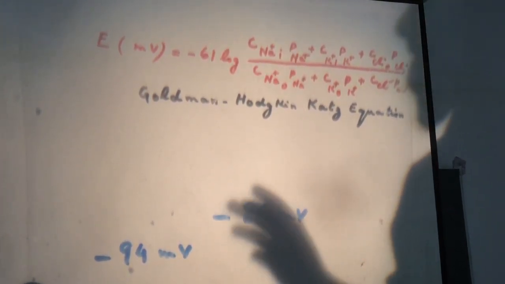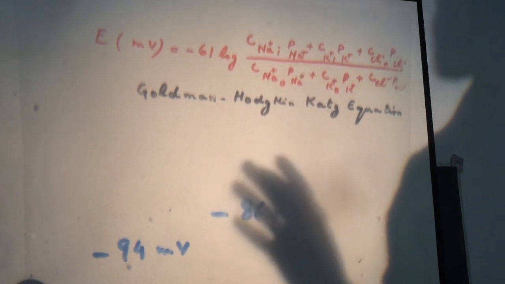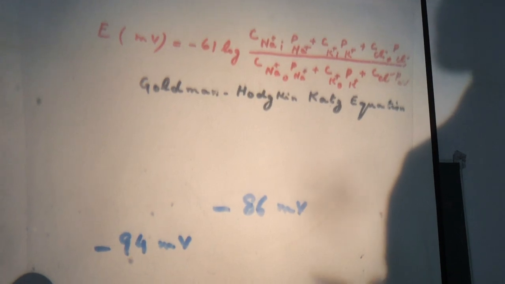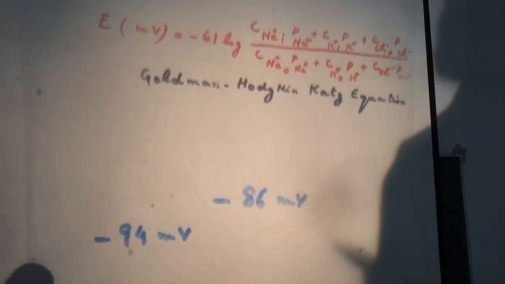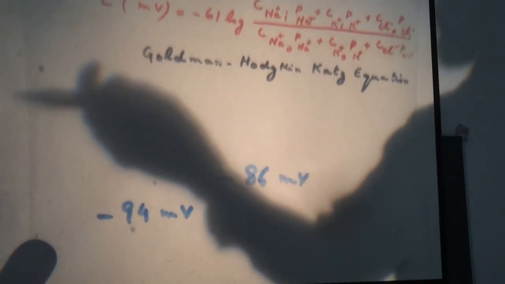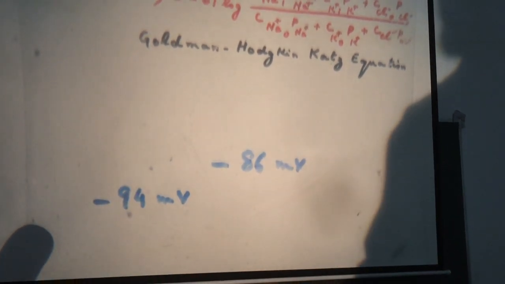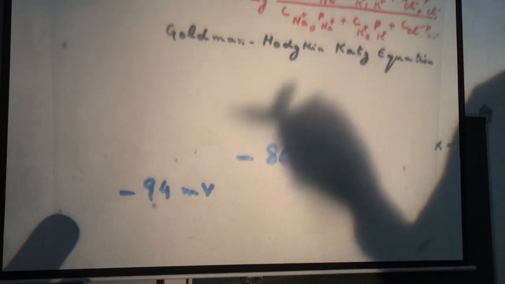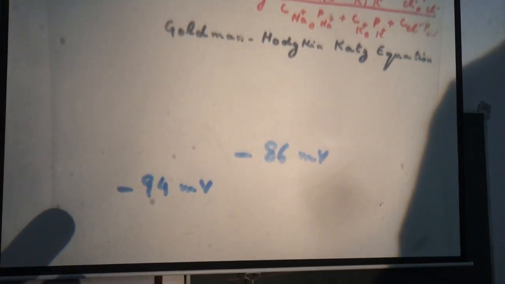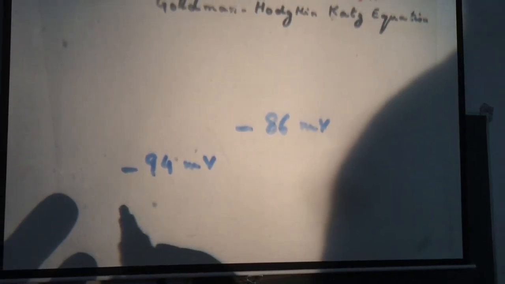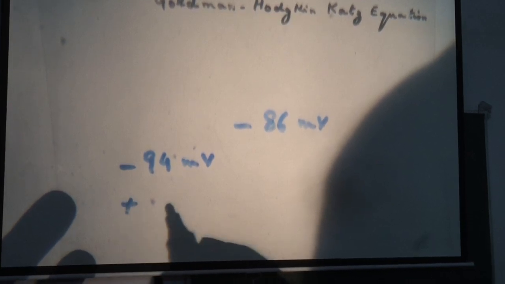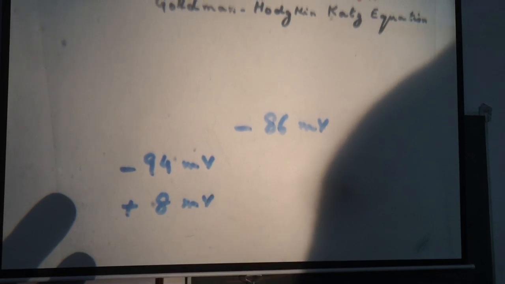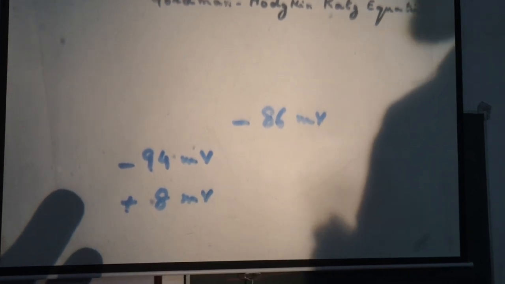Now, keep in mind the potassium-sodium leak channels are much less permeable to sodium. There is some inward diffusion of sodium ions, and this creates a potential of plus 8 millivolt.